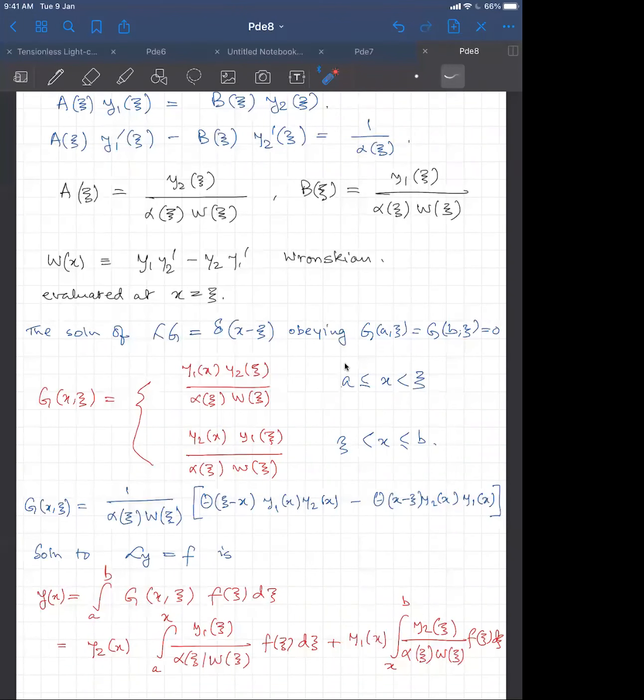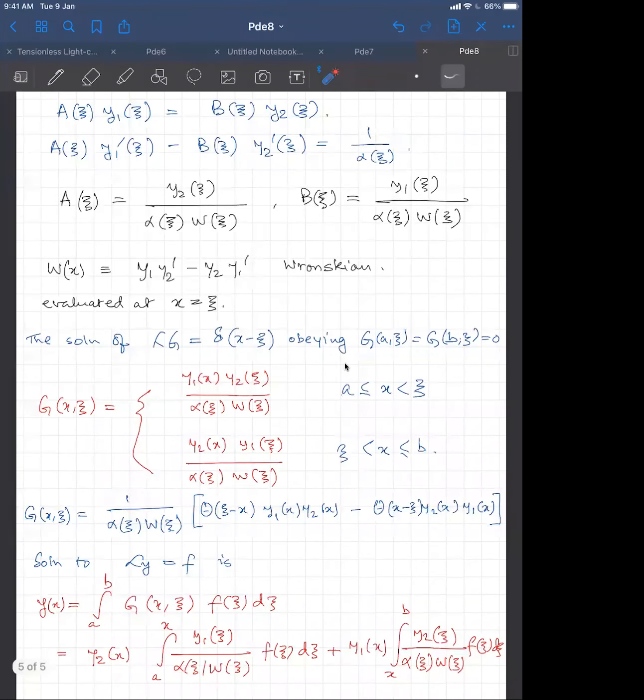Even though this expression incorporates the boundary condition at x equal to b, for the second piece, the integration of x to b, we have x greater than psi. So this one applies, that incorporates the boundary condition at x equal to a. This is a little confusing to start off with, but hopefully this will be clear as we go ahead.